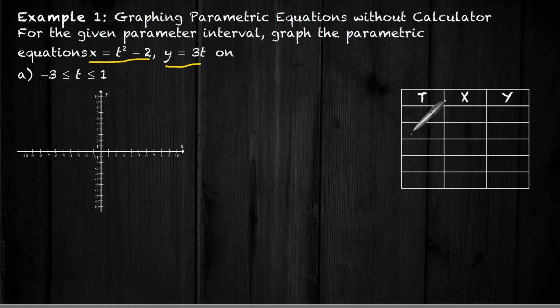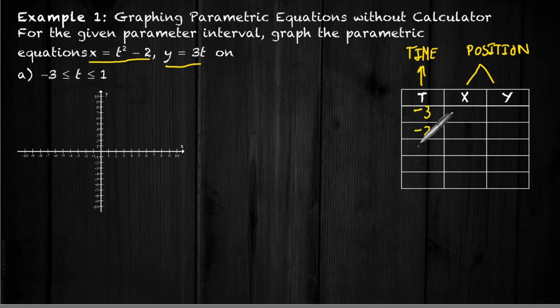Time is ticking, time is moving, and at each time you plug that time into the x and y parametric equations for t, and for each value of t you get an ordered pair which represents the position. So maybe we'll write it, this will be the position of the object, and this will be the time. The time is not graphed. It is running in the background. So let's go ahead and write that out.